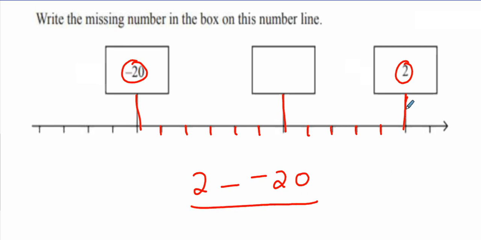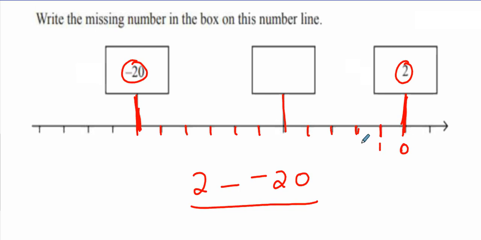Now from here all the way until negative 20, we have to count how many units are here, so that we can tell each small unit will represent how much. Because we are starting from this number, in counting, that will be counted as 0.